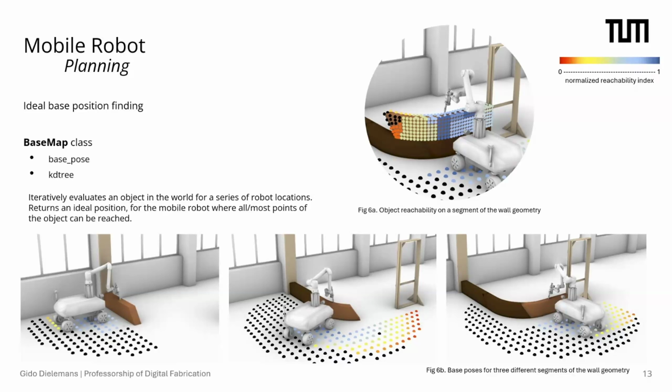As we are printing this wall in different pieces, we are always moving, then we are printing, then we're moving again. So we're never printing and driving at the same time in this circumstance. And for this, we also evaluated for all of these segments where we would place the robot, and we would therefore get a security that we can always reach all the points of this segment, for instance.